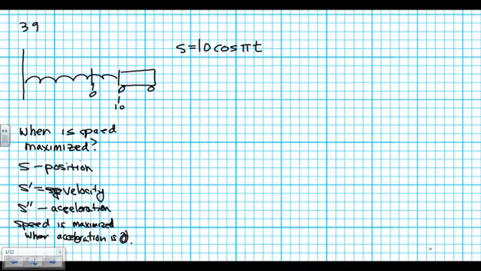Let's take the first derivative of S. I think I'm going to get S prime is equal to negative 10 pi sine of pi t. Ten is a constant. The derivative of cosine is negative sine. Don't forget the chain rule.